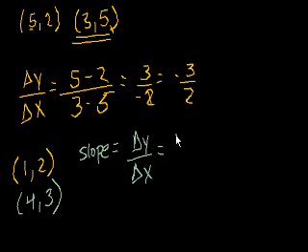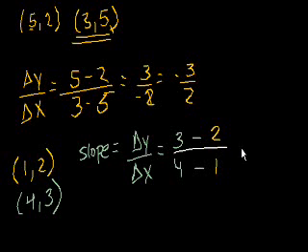So that's 3 minus the second y, which is that 2. And then all of that over, once again, the first x, which is 4, minus the second x, which is that 1. And this equals 3 minus 2 is 1, and 4 minus 1 is 3. So the slope in this example is 1/3.